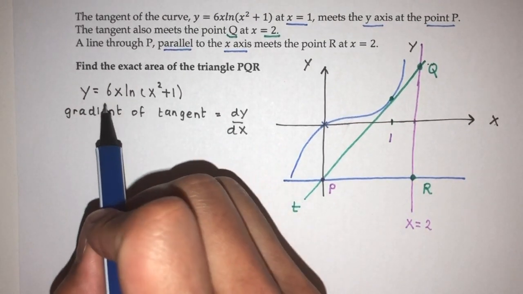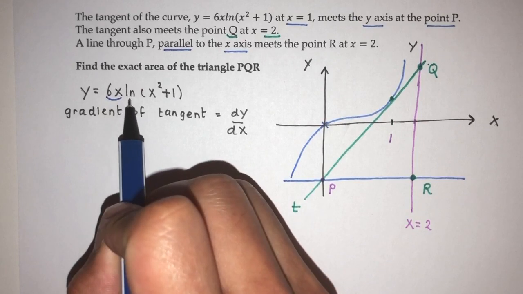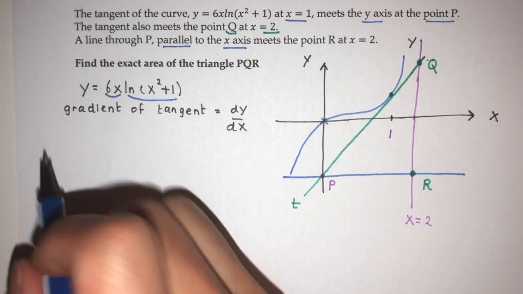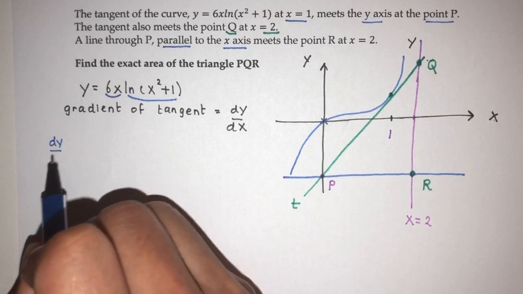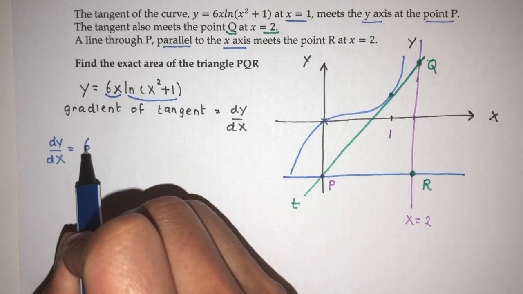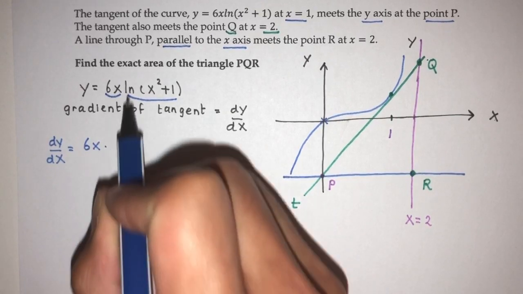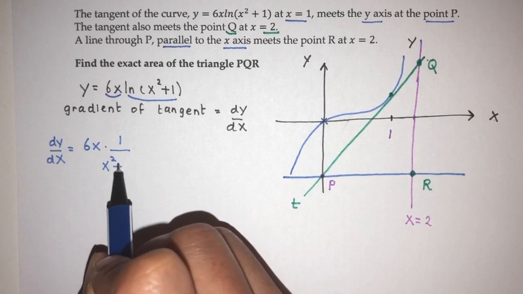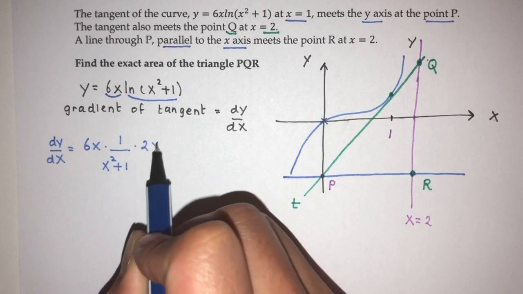Now, this one is a product, 6x times ln of this, so we have to use the product rule. So dy by dx: first write down 6x as it is, times d by dx of this one, that will be 1 over x squared plus 1, times 2x.